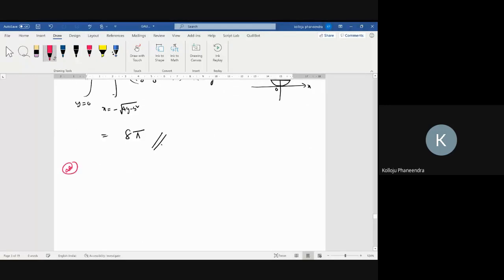Now I'm telling exercise problems using divergence theorem.